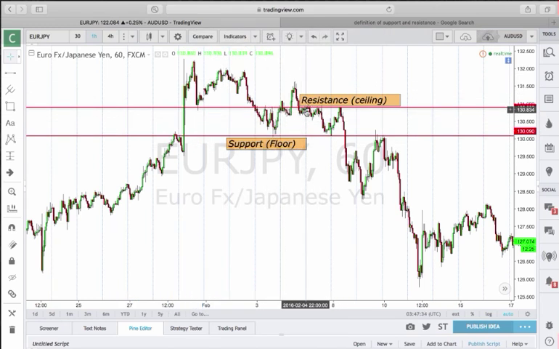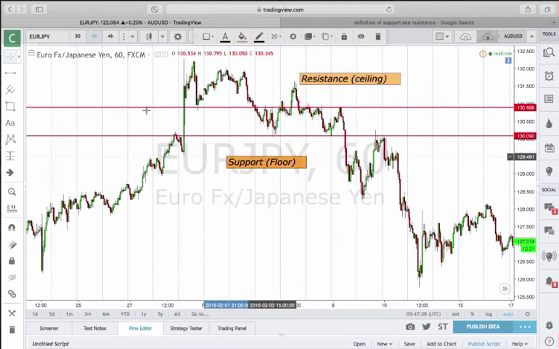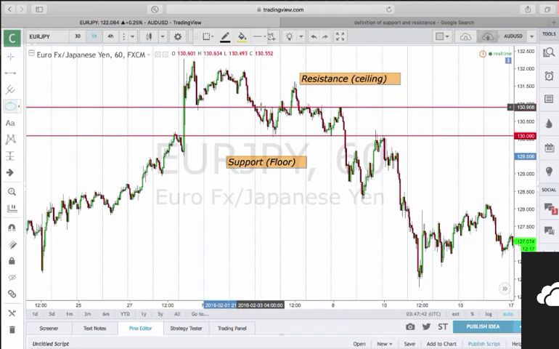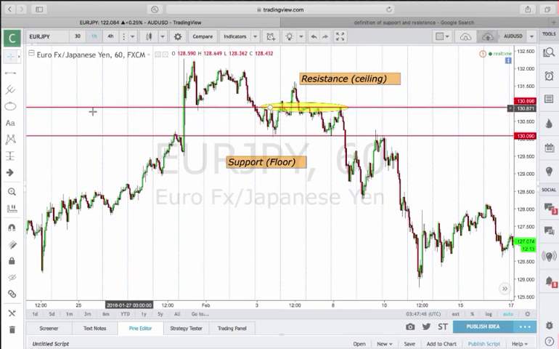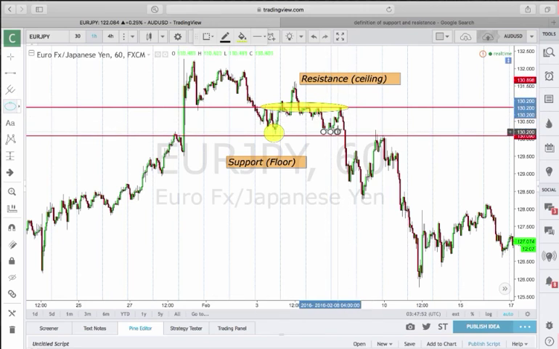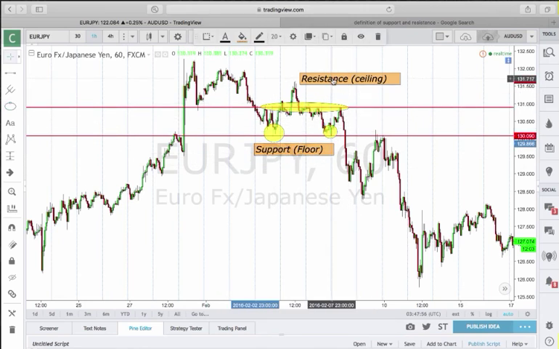Price is bouncing off, test, test. Look closely. I'm going to highlight this area so you get a bigger picture of everything. Throughout this whole area right here, price is bouncing off of it like a ceiling. And through this area and this area, you can see how it is bouncing off of a floor.